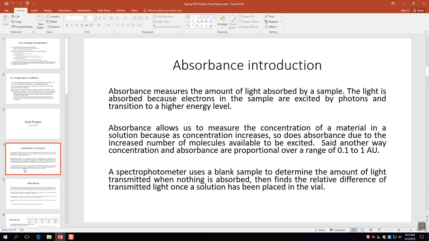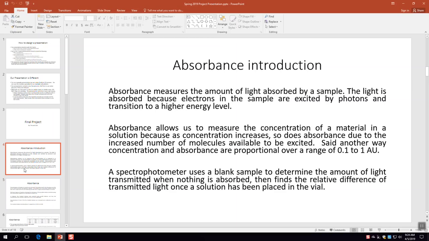Lastly, I just want to mention that a spectrophotometer uses a blank sample in order to determine the amount of light that's absorbed when nothing is absorbing light. So in this case, we used water as our blank. So when we performed this part of the experiment, we used water to give the instrument an idea of how much light is absorbed when there's nothing absorbing light.